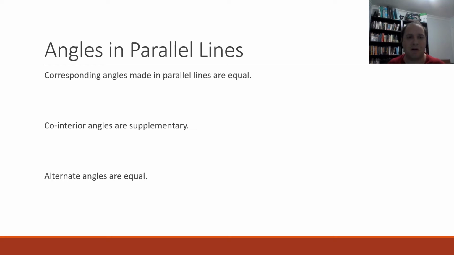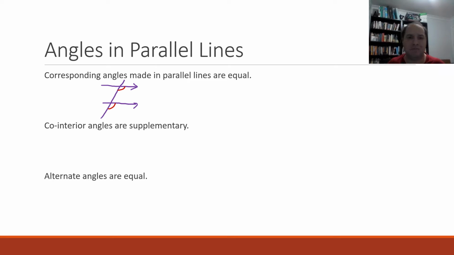The first one looks at corresponding angles. So corresponding angles occur when we've got some parallel lines here and a transverse or another line that cuts across them. Now the corresponding angles are the same angles made by each parallel line on that transverse, on that line that cuts across them, and those angles are equal.